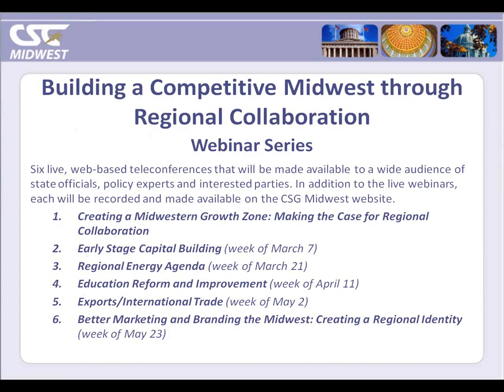The second one that we're looking at in the week of March 7th is early stage capital building. Then we're going to move on to more of a regional energy policy agenda. After that, we're going to look to education reform and improvement, targeting also higher education and workforce development.